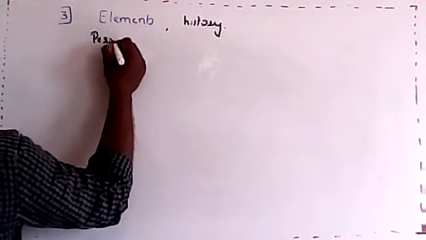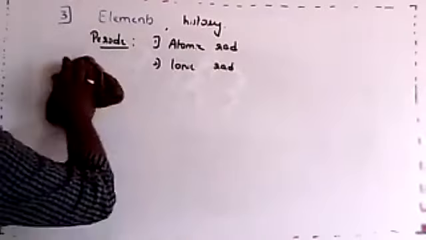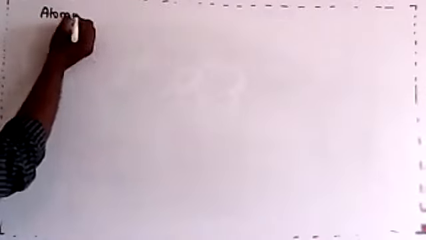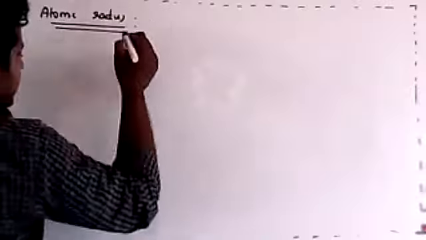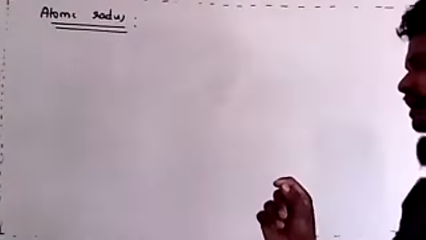We have started with the atomic radius. Let's understand what atomic radius is and how it varies. I will directly start from the atomic radius, because the earlier things are done already. Atomic size or atomic radius is very easy to understand: it is the distance between the nucleus and the outermost electron.